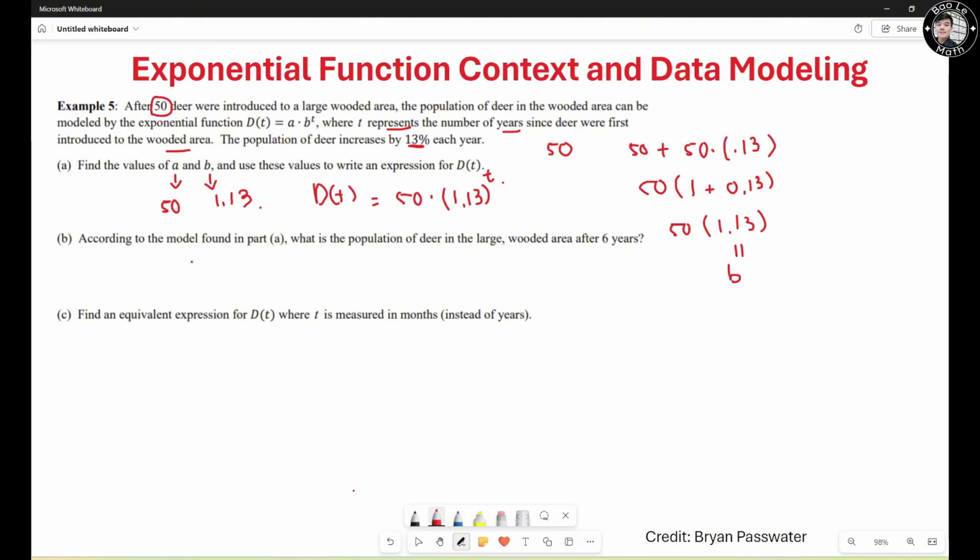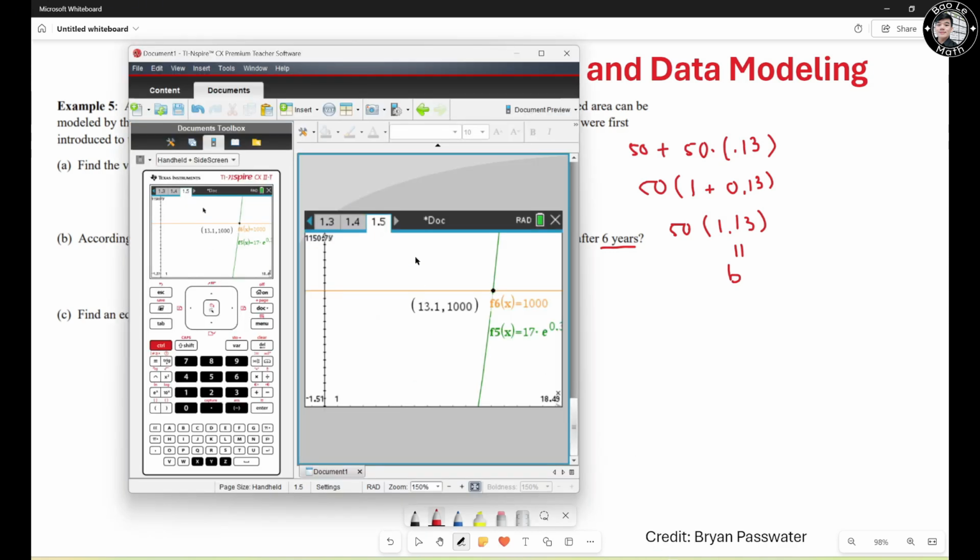Now question B. According to the model found in part A, what is the population of deer in the large wooded area after 6 years? So we just substitute 6 years over here. So we have d of 6 equals 50 times 1.13 to the 6 right here. And then we hit the calculator.